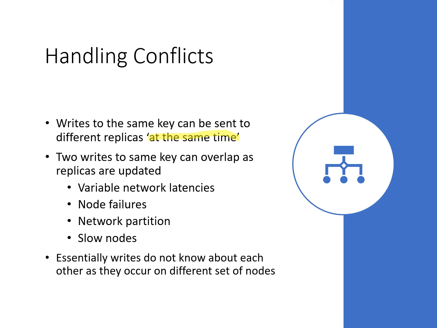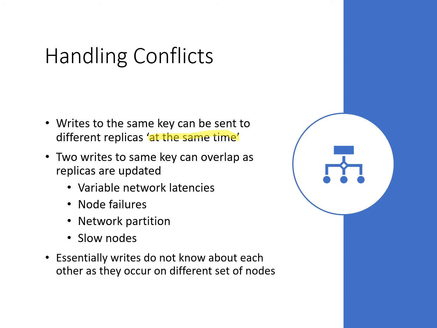So basically overlapping writes. 2 clients make an update to the same database object, but one is sent to one replica and one is sent to be coordinated by another. And so essentially the writes don't know about each other. The 2 coordinating replicas for the particular writes have no idea that the other write is occurring at essentially the same time. And this creates problems with the way we handle replicas and updates.